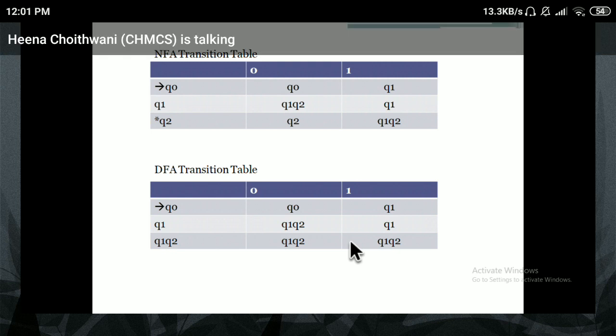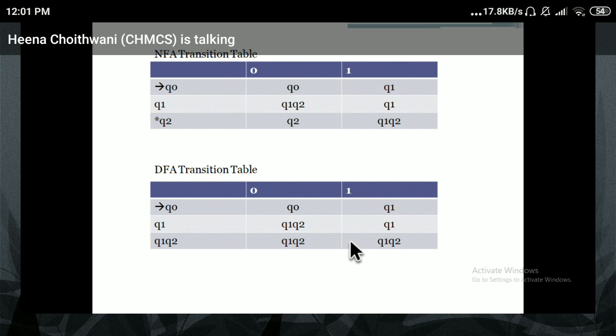Q1, Q2 are multiple states, but we have already created this state as a single state, right? So we'll consider Q1, Q2 as a single state and we'll copy down the last row as it is. Okay, so I'm copying down the last row as it is.